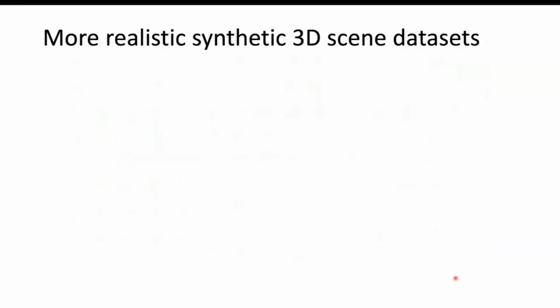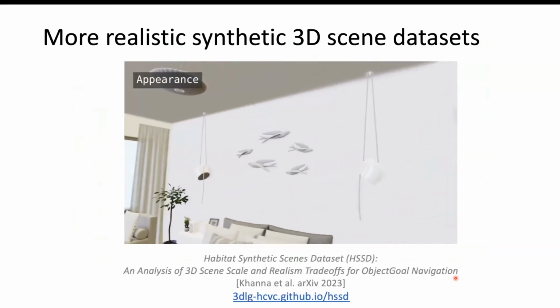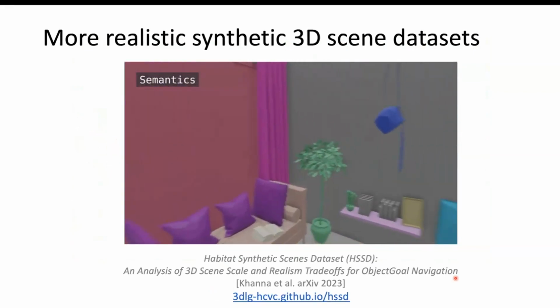And then lastly, in parallel to this, I'd like to describe a very recent project that creates more realistic synthetic 3D scene datasets. This is the project called Habitat Synthetic Scenes Dataset, HSSD for short. You see some example visuals here.